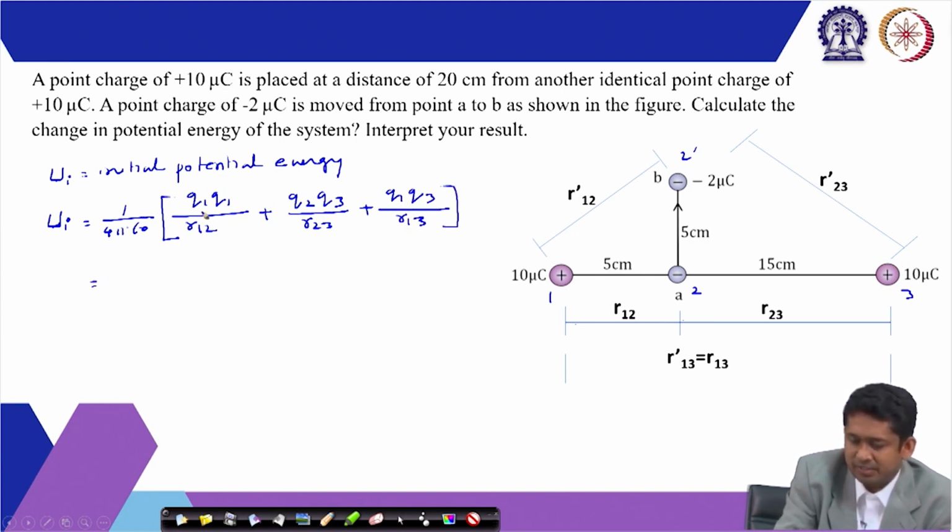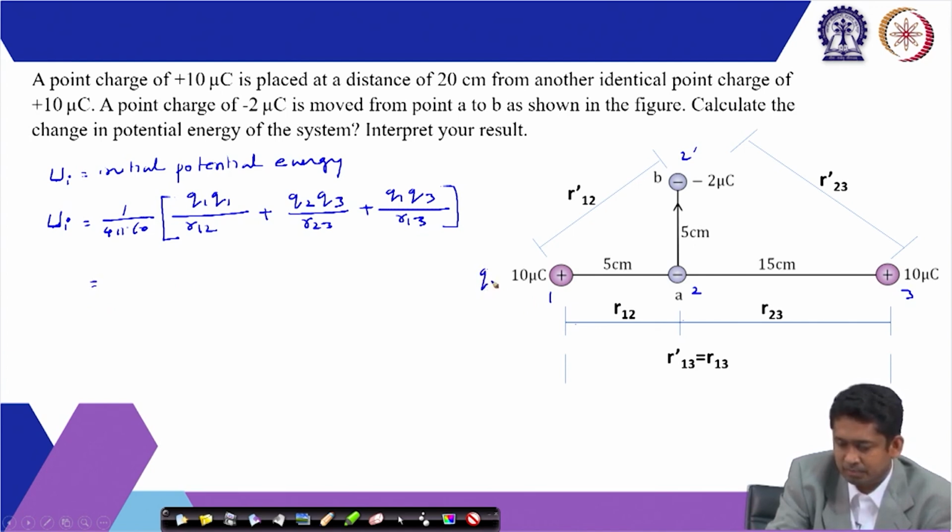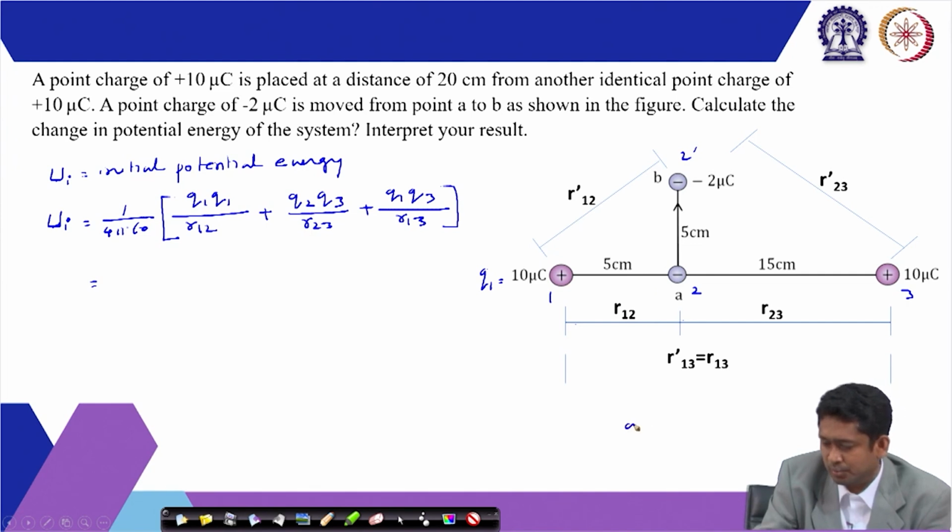Now, Q1 is this charge, Q2 is this. So, Q2 is minus 2 microcoulomb, which was initially here, and then it moves here, and Q3 is 10 microcoulomb.